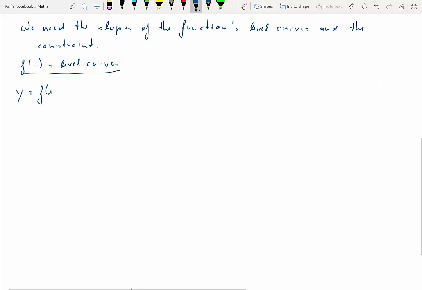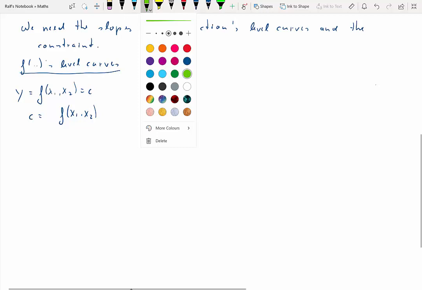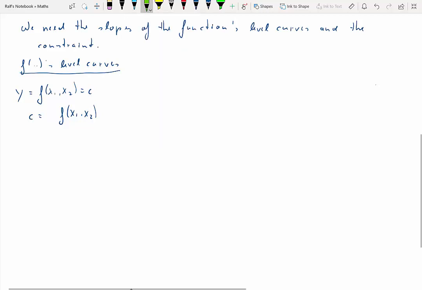A level curve is that function that you get when you set the bivariate function with x1, x2 as arguments equal to a particular level c. Then we're basically asking which combinations of x1 and x2 deliver exactly that function value, any arbitrary value c.